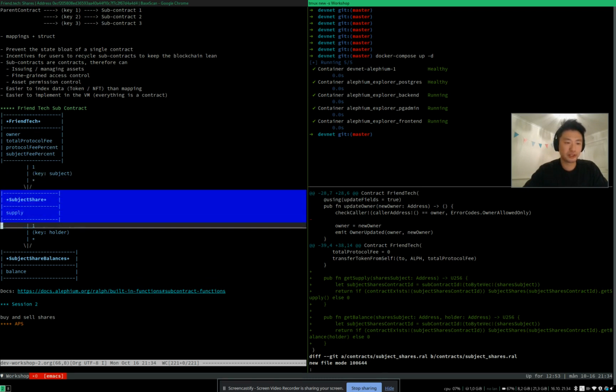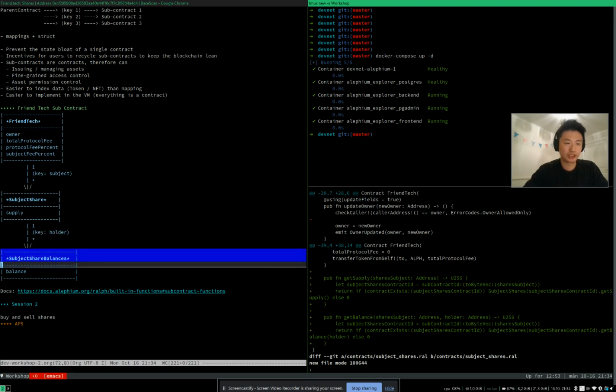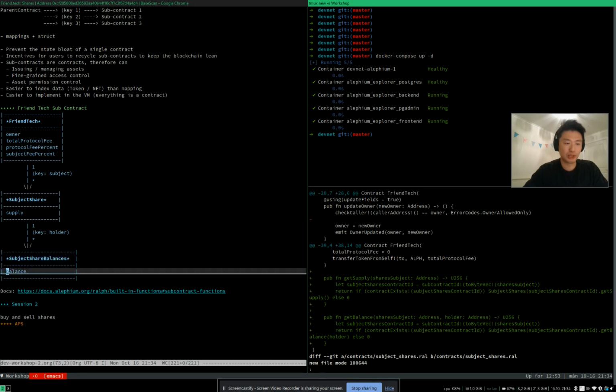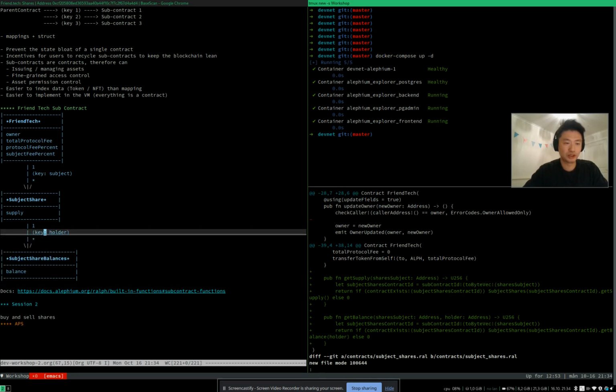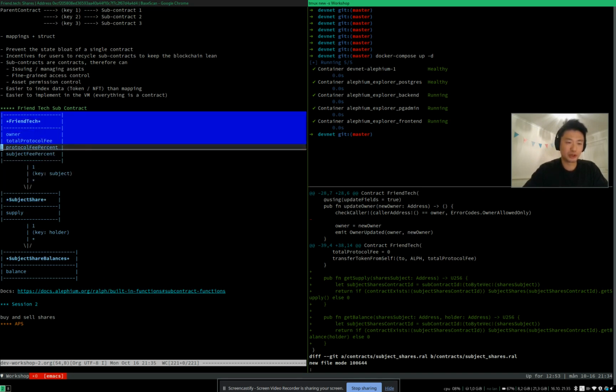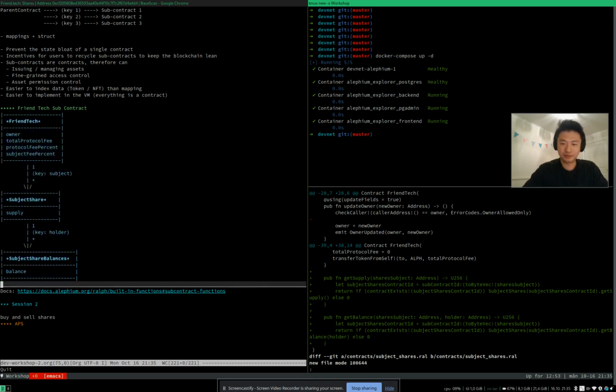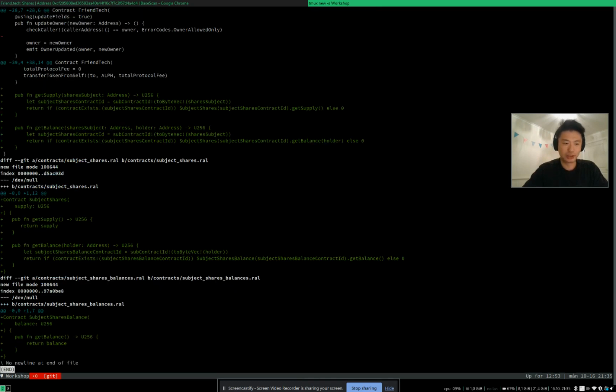Then for each SubjectShare contract, given the address of a holder, we can create another subcontract that keeps track of the balance of this particular holder for this subject. So we can have this subcontract structure to help us keep track of the balance of everything, which is exactly what we did in this commit.